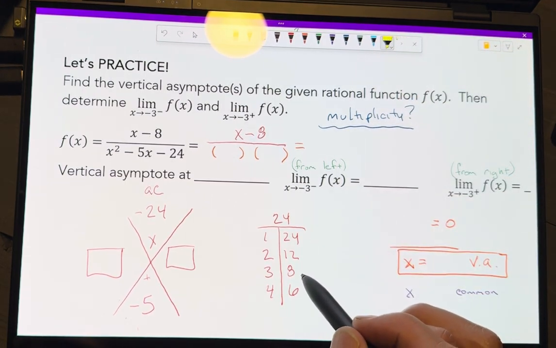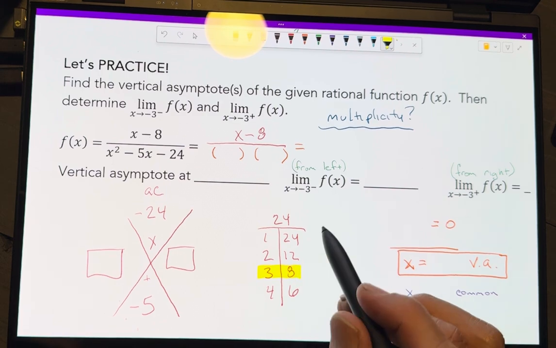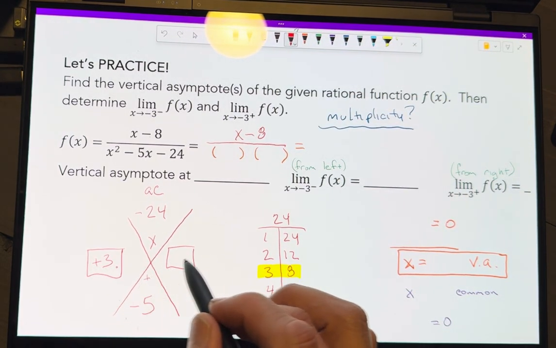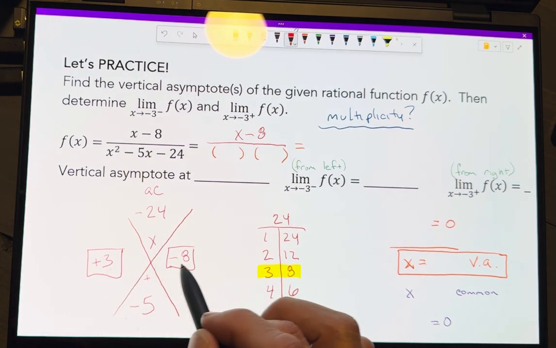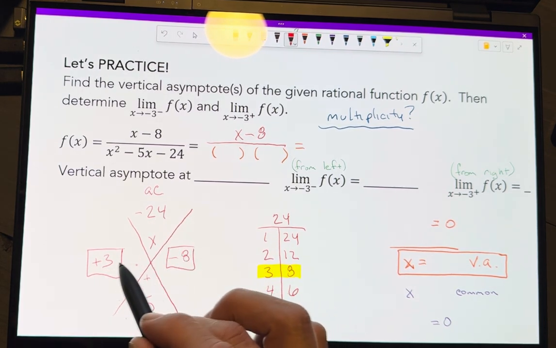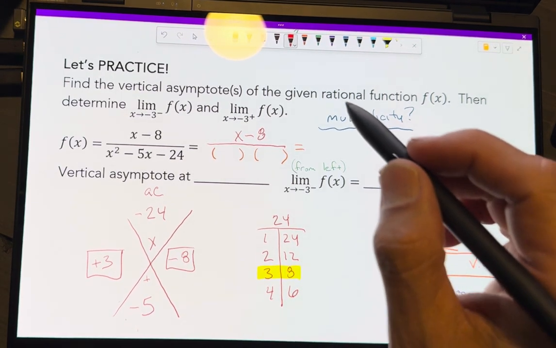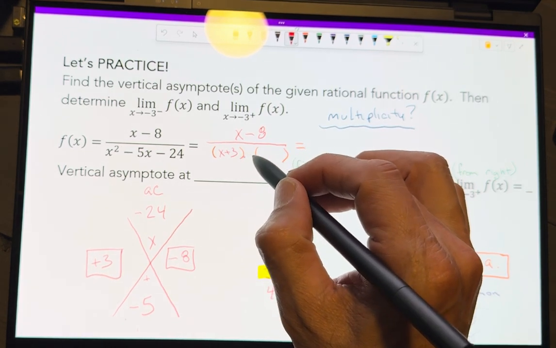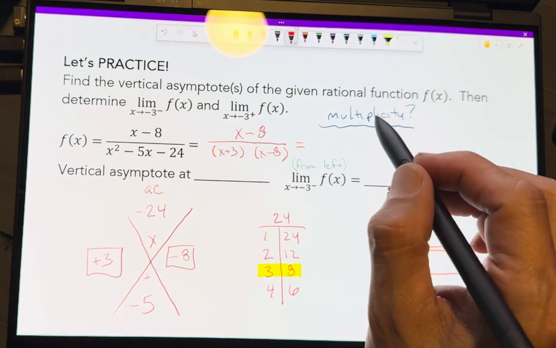All right, so 3 times 8 looks like what we can use here. So we got +3 times -8 gives us -24, and +3 plus -8 gives us -5. All right, so we got x plus 3 and x minus 8.